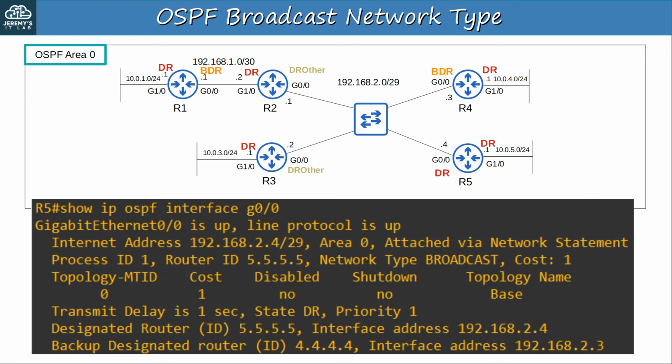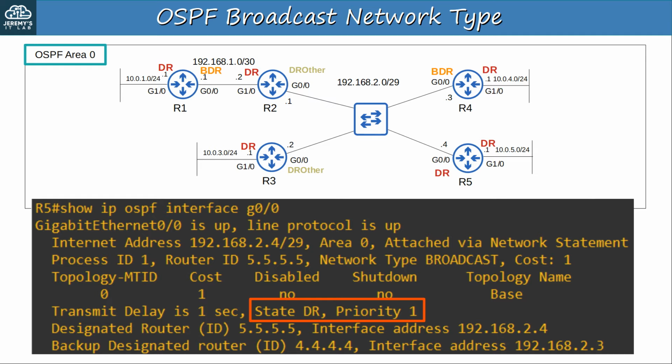Here's some partial output from show IP OSPF interface G0/0 on R5. Notice the router ID. I configured a loopback interface on each router, and the IP address of the loopback interface became the router ID. State DR, and the priority is the default of 1.